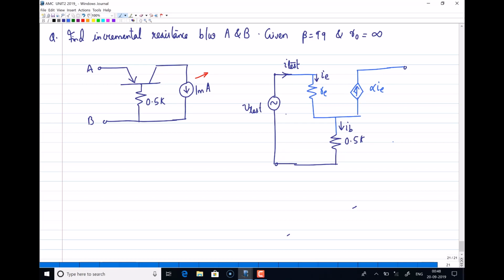So how to find the impedance seen from this side? I know that V test by I test is the resistance we need to find, the resistance between points A and B. How to write V test? V test is equal to the voltage between this point and this point. That means the drop across RE plus the drop across 0.5K. The drop across RE can be written as IE into RE, plus the drop across 0.5K, which is 0.5K into IB.